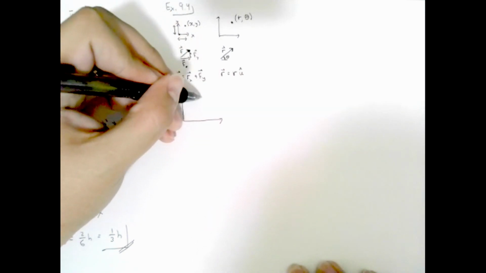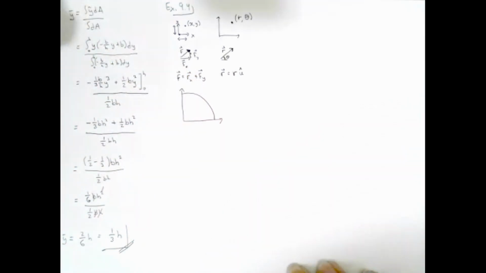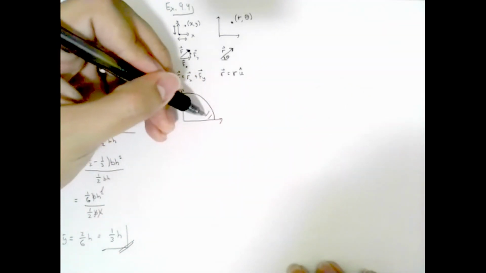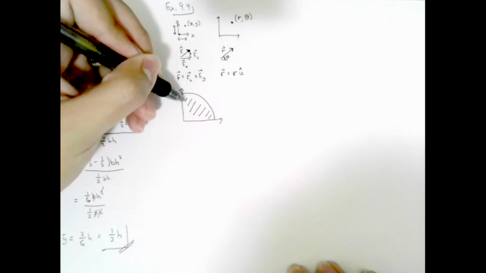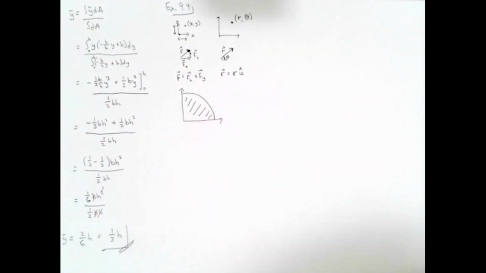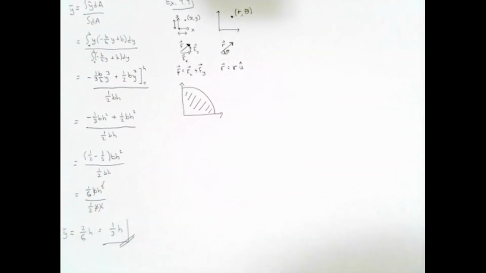And I want to show you why polar coordinates are important and why it makes sense to learn them. You see, if we want to plot, and we actually did something similar to this in our previous example yesterday, if we were to want to find the area of a quarter circle, of course, if you know the area of a circle, then you know that the area of a quarter circle should be just 1/4 of the area of a circle.